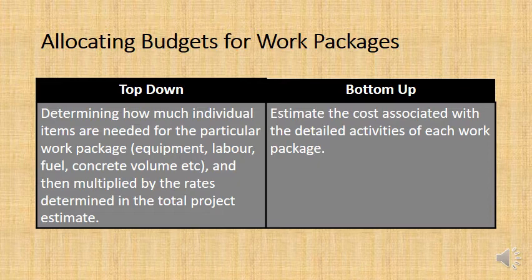Now, a bottom-up approach is basically where you look at your work package and you assume it's not part of a bigger project. You think that your work package is the sole part of the project, and so you ignore all other things that are happening in the project, and you say, what will it cost to install windows in a high-rise building?